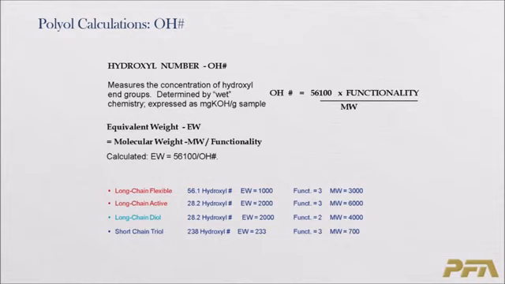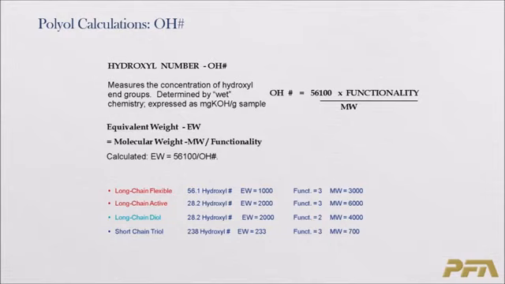It's done by a titration method with KOH, and the equivalent weight of KOH is 56.1, times 1,000 is why you get this 56,100 times the functionality over the molecular weight. The relationship is just the equivalent weight is equal to the molecular weight over the functionality. Some examples are shown down here, and you can see if you take this molecular weight divided by the functionality, you get the equivalent weight for all of these.